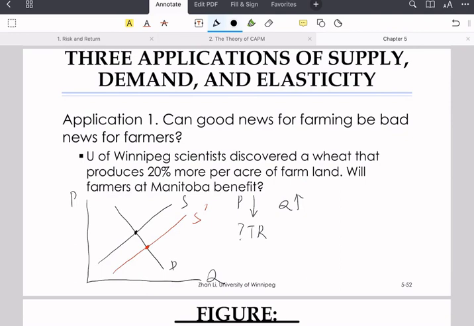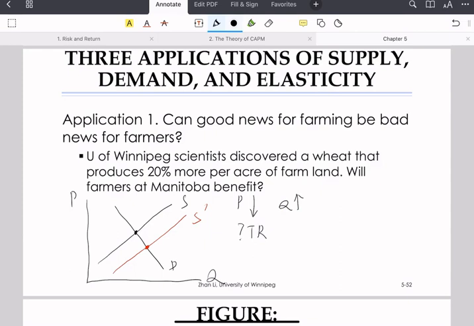So the argument here is the demand curve for wheat is inelastic. Why is it inelastic? Well, because wheat can be considered a necessity. So generally, the demand curve for necessities is inelastic.